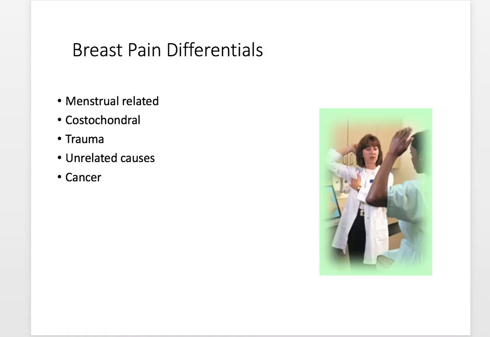All right, your breast pain differential is going to be, is it menstruation related, costochondral, which would be your musculoskeletal trauma, an unrelated cause, or cancer. You have fibroadenoma, cyst, fibrocystic changes, galactocele, fat necrosis, breast abscess are all on the breast pain differential. And then your malignant invasive would be your breast cancers.